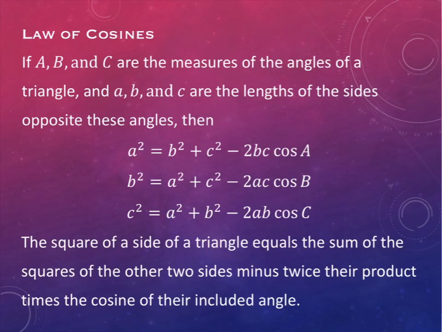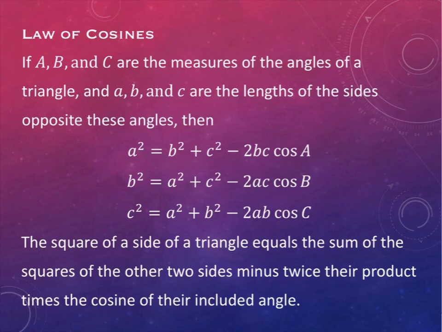So we've got angles A, B, and C, and sides A, B, and C, and as always, side A is opposite angle A, and so forth. There are three formulas that are all the same. If you're thinking, oh my goodness, she just gave me three formulas, no, I didn't. These are all the same formula.